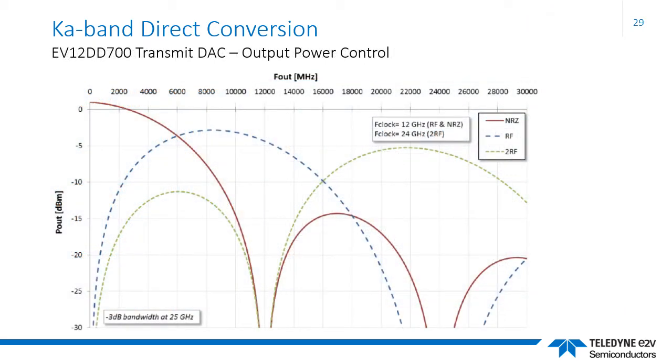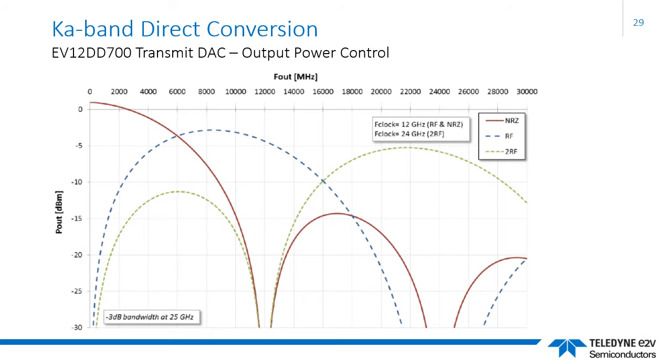I'm showing here the output power plot for the 3 different output modes provided by the chip. The red trace is the standard non-return to zero output, which essentially optimizes power projection in the first and second Nyquist zones.